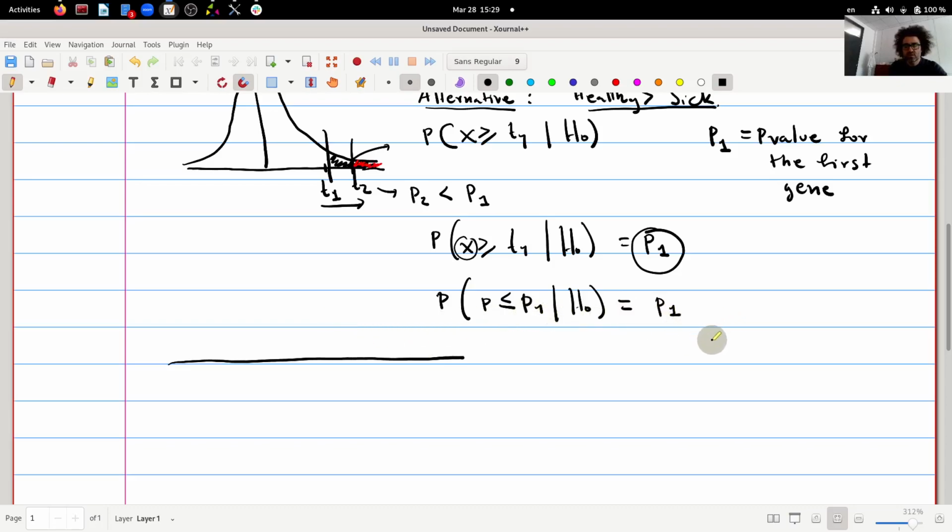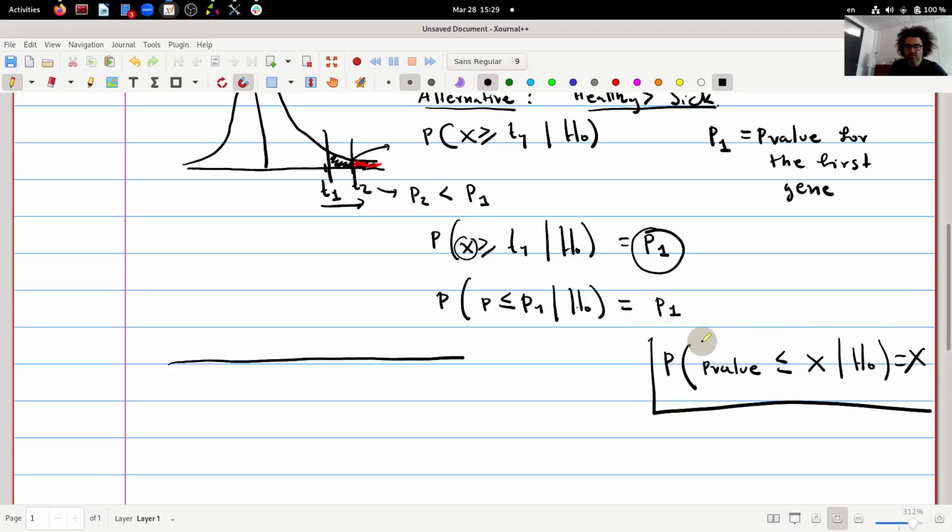So in general, the probability to find a p-value that is smaller or equal to some value x when the null hypothesis is correct is exactly x. But this statement here is exactly the definition of the uniform distribution.